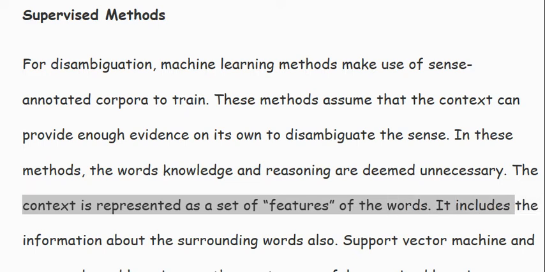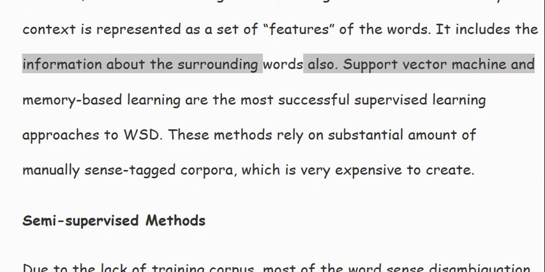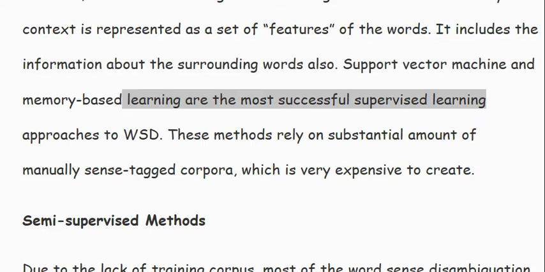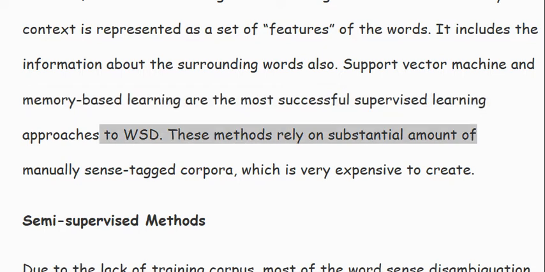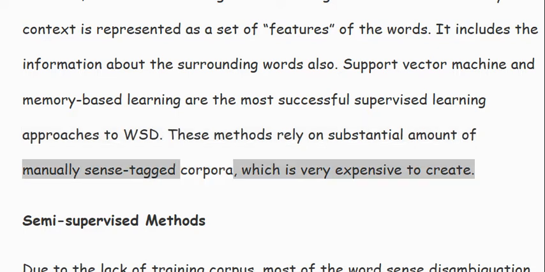It includes the information about the surrounding words also. Support vector machine and memory-based learning are the most successful supervised learning approaches to WSD. These methods rely on a substantial amount of manually sense-tagged corpora, which is very expensive to create.